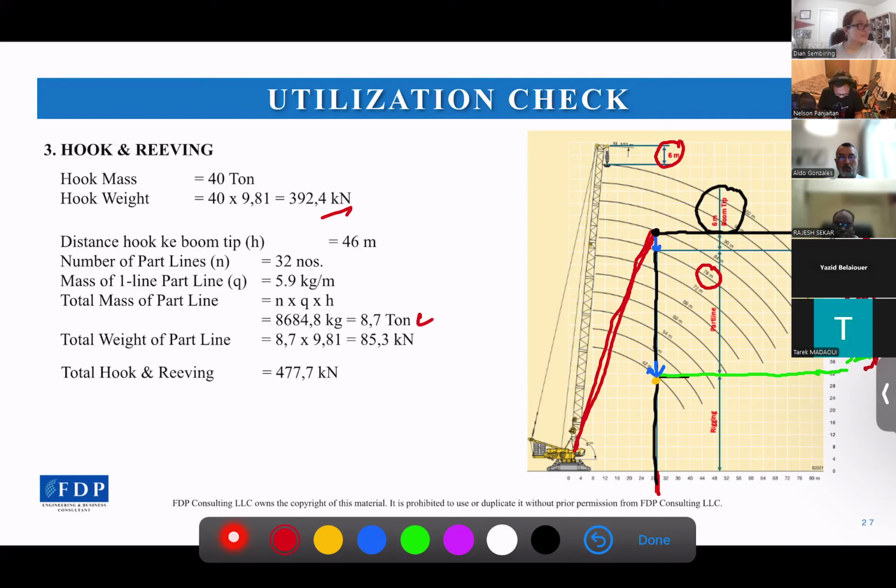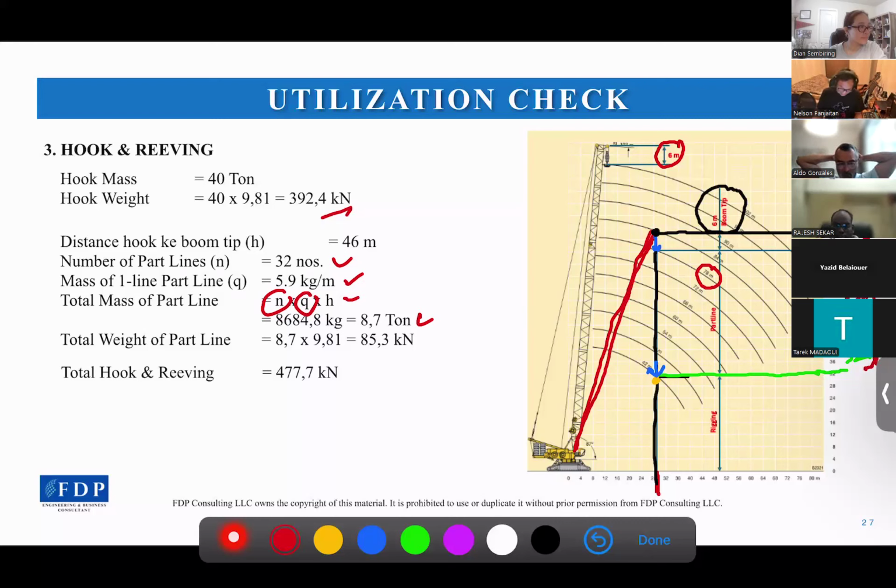So the N is 32. The mass of one single part line is 5.9 kg per meter, and the H is 46 meters. So we get the total mass of part line about 8.7 ton.